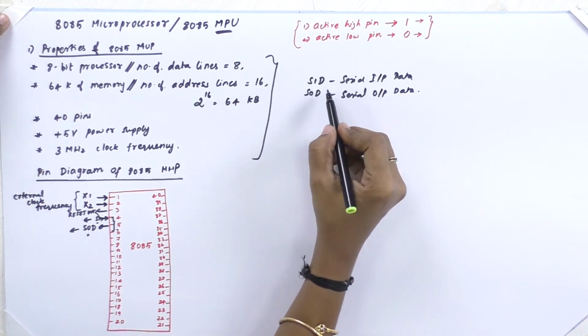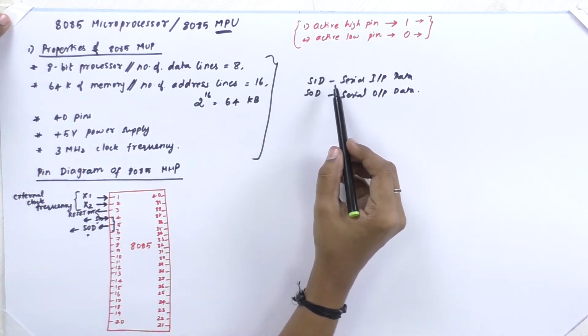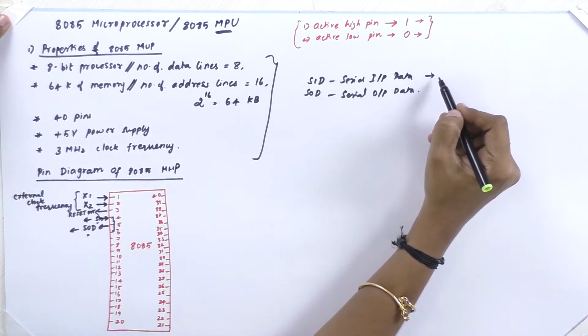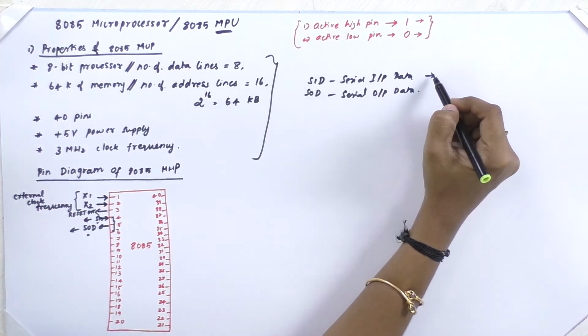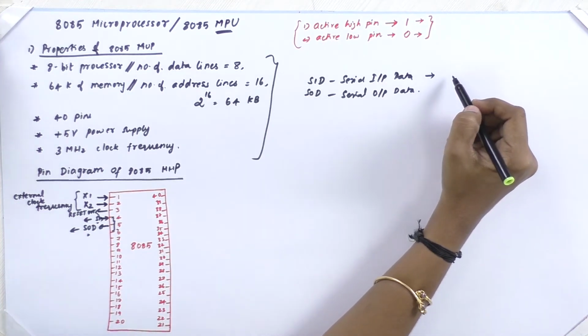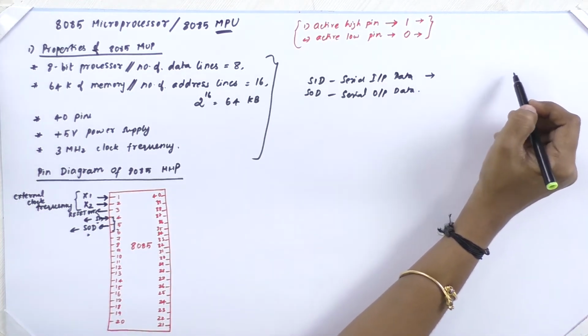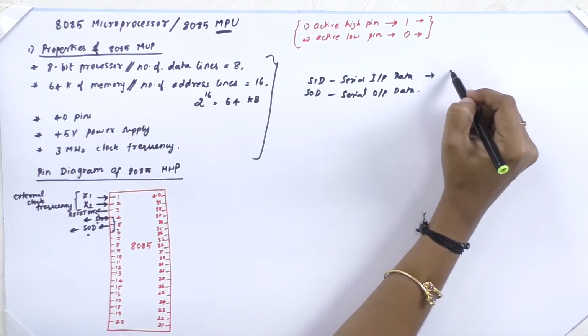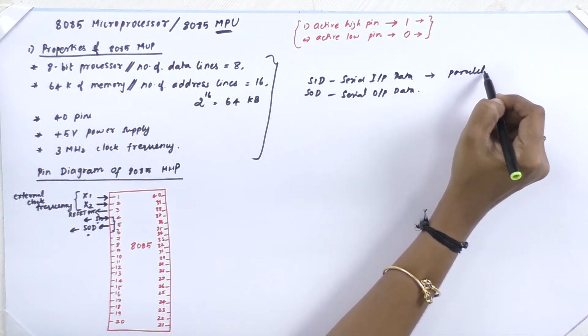The SID pin receives serial data from the externally connected peripheral devices. After receiving the serial data, it is converted into parallel data because the 8085 microprocessor is capable of processing only parallel data.